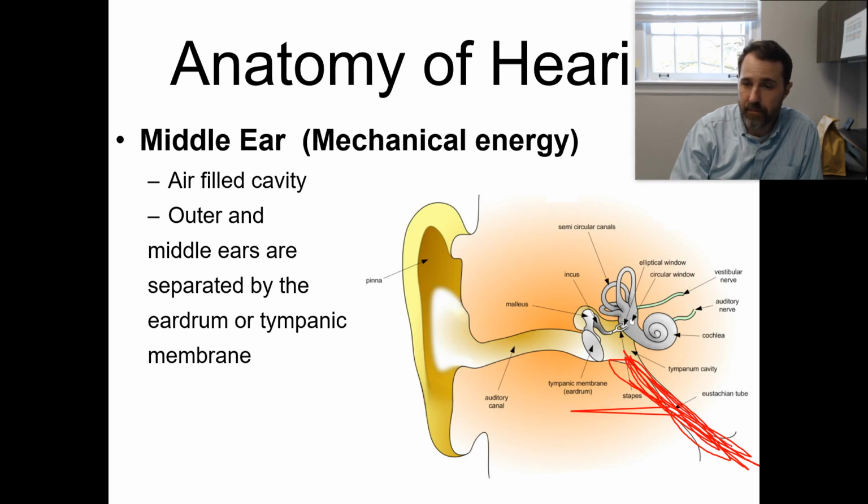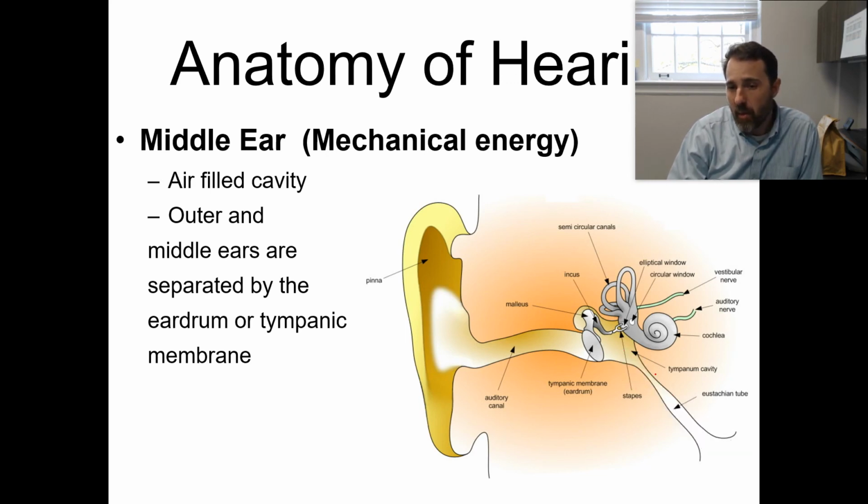Here it is right here. So that is the only way for fresh air to get into the middle ear. So the Eustachian tube allows the middle ear, which is otherwise sealed off from the outside world, to receive fresh air. So the Eustachian tube allows the middle ear to be aerated.